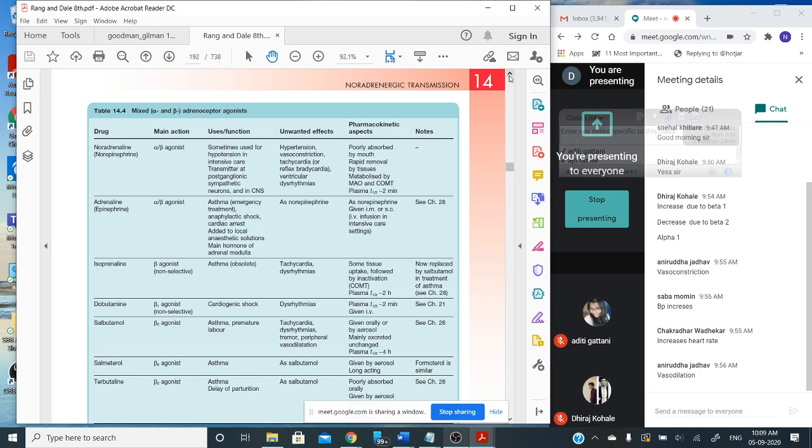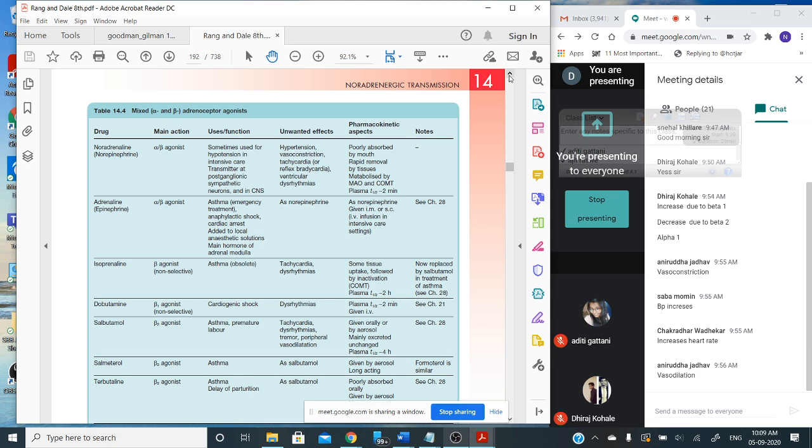It has to be given only parenterally; it cannot be absorbed by the oral route. Then next is adrenaline. We know again it is an alpha-beta direct agonist. It is used in emergency treatment of asthma and anaphylactic shock. It is very famous for anaphylactic shock, because if you remember, we have seen one word: physiological antagonist.